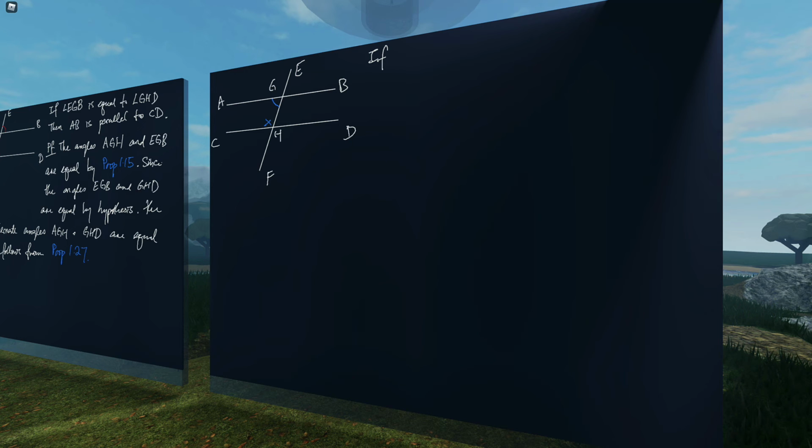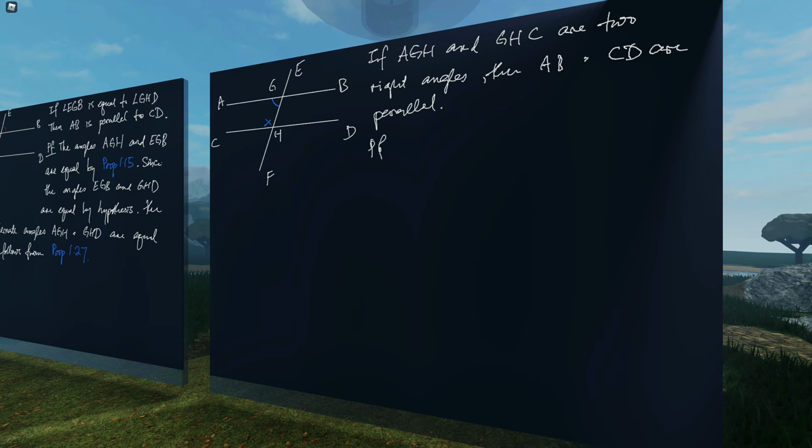All right, so here, if AGH and GHC are two right angles, or sum to two right angles, then AB and CD are parallel.